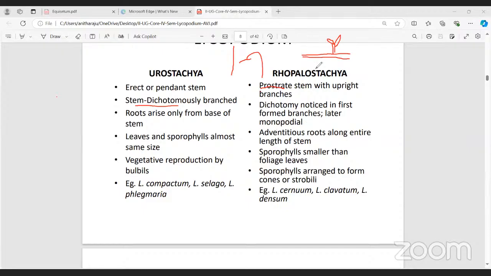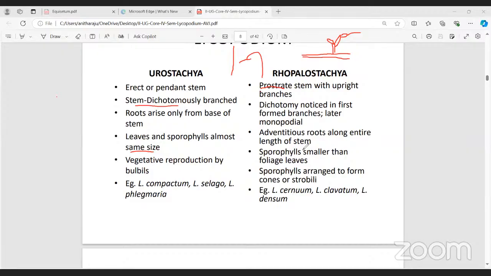Actually starting dichotomous, but later it continues as monopodial, only one side, monopodial growth. Leaves and sporophylls are mostly the same size: normal leaves and sporophyll leaves, same size.